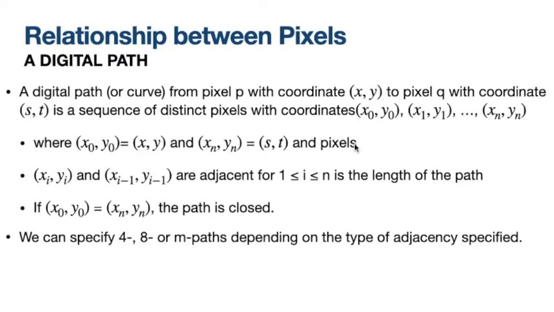And if x0, y0 is equal to xn, yn, that means if p is equal to q, then the path is closed. It is a closed path.